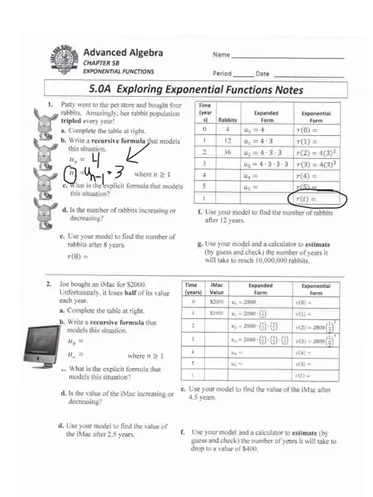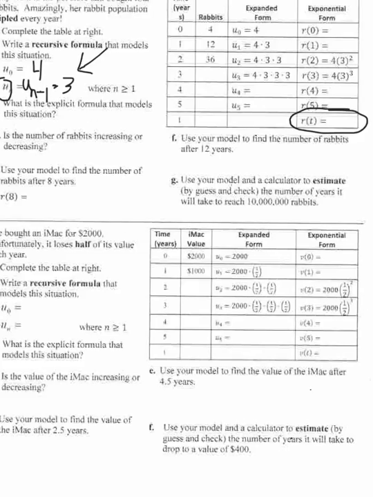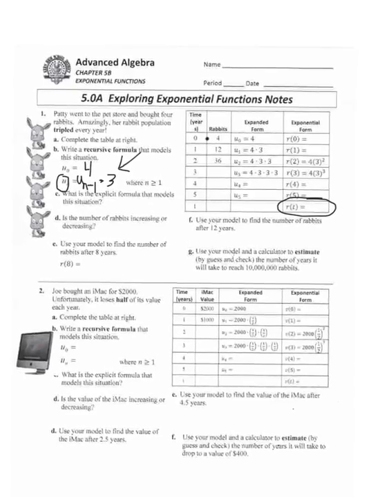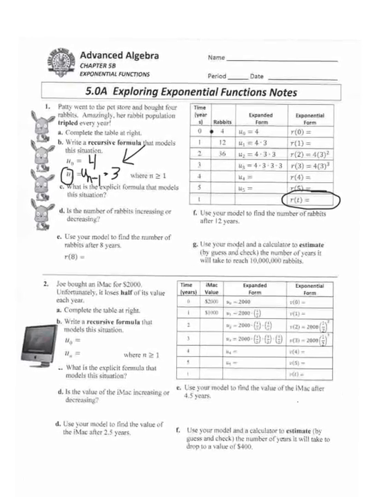So it was R of t equals 4 times 3 to the exponent t.